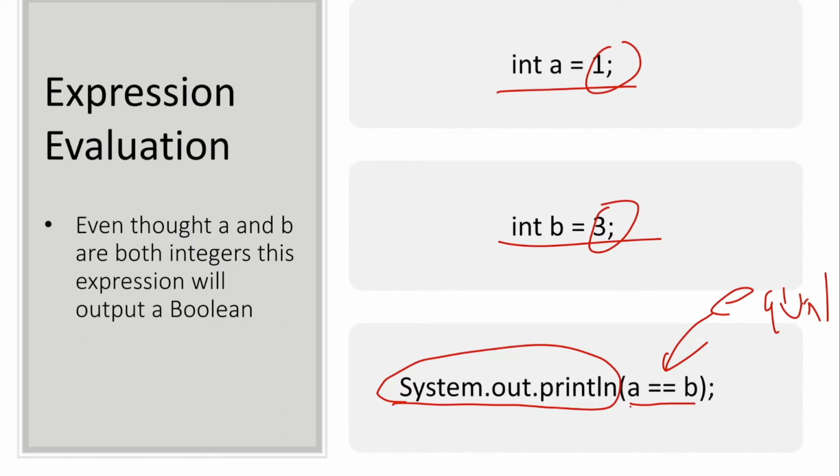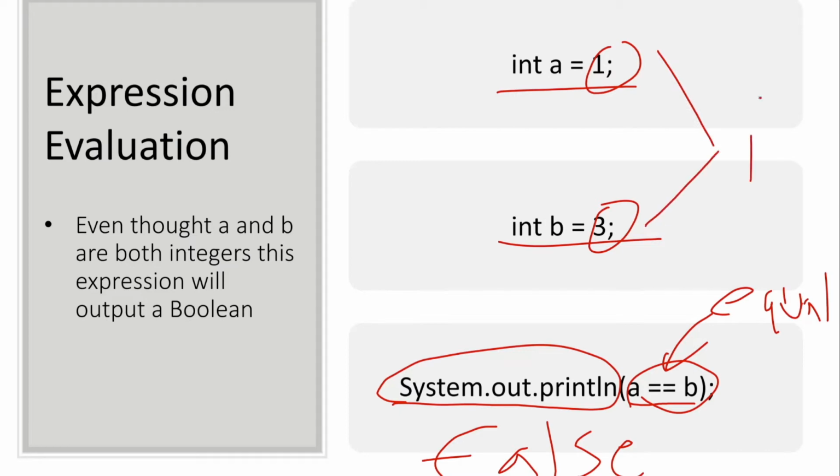No, it does not equal 3. So, since this expression is false, it will print false. Notice that both of these are integers, yet the output of the expression is not an int. This is actually a Boolean.